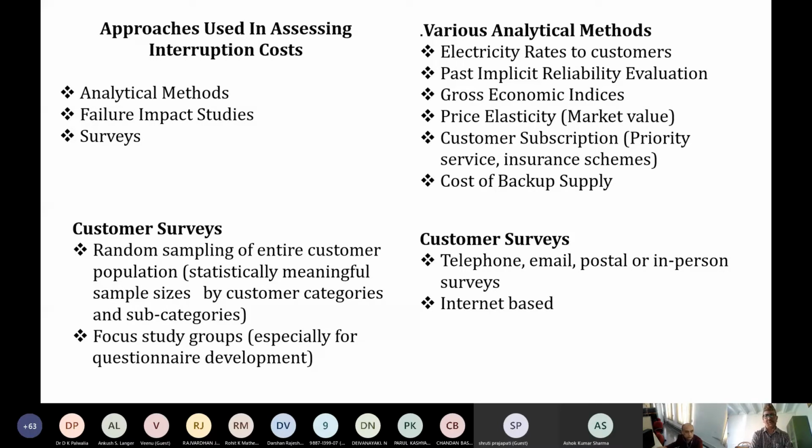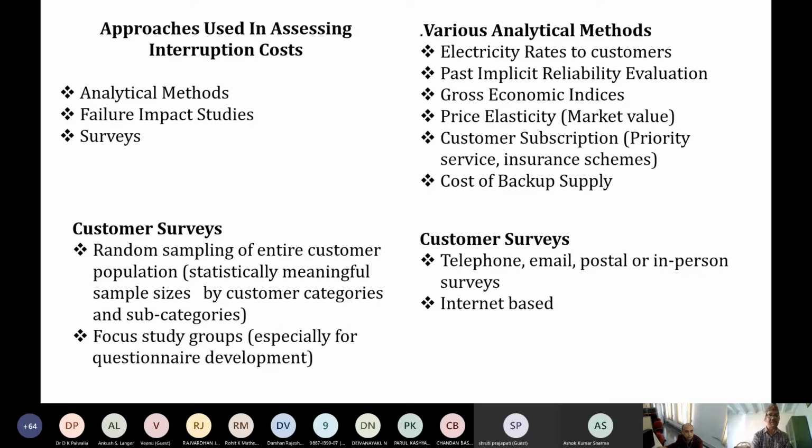So what were the gross economic indices when electricity supply was continuous and when electricity supply was disrupted for this many days? Similarly, price elasticity, customer subscription, they may have priority service, or they may have insurance schemes against service unavailability also, and cost of backup supply. So based on that, we can carry out cost of electricity interruption.